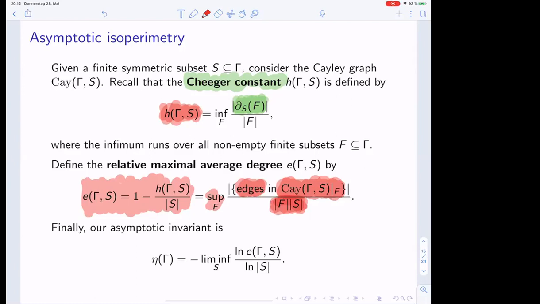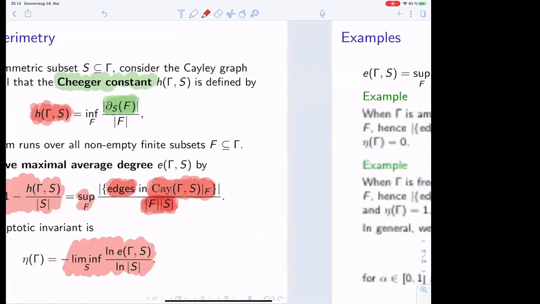It's a little bit clumsy, this name, but I think it's useful. And then we want to get rid of S also and take minus the lim inf of that quantity. I think it's probably very hard to understand what we are doing at this stage, but it will be completely clear once we are looking at a few examples. So let us look at a few examples.